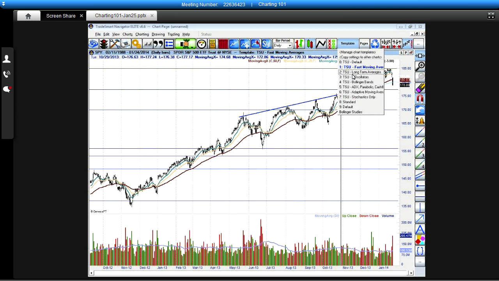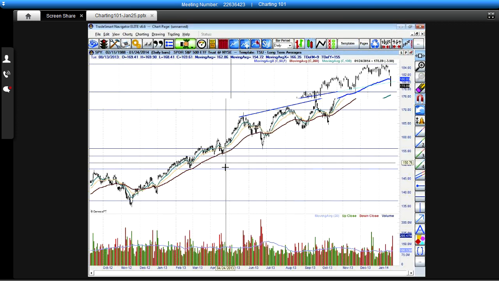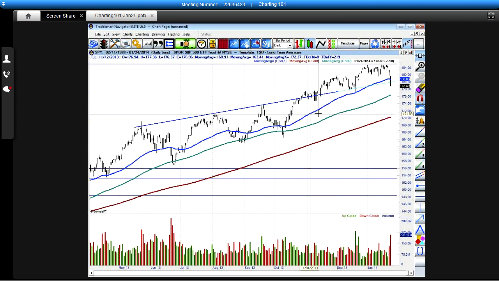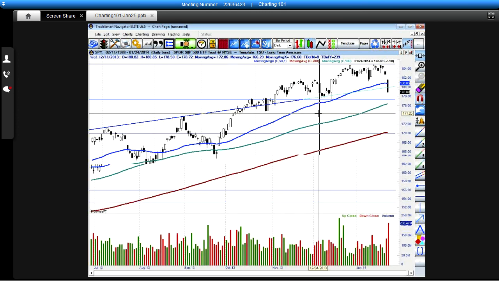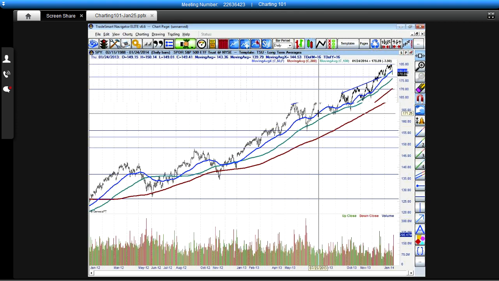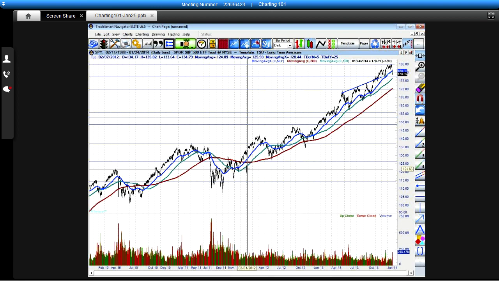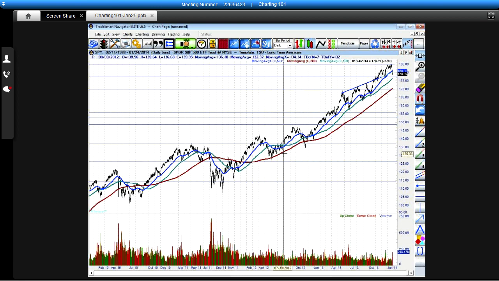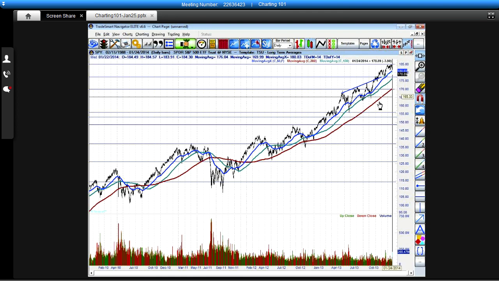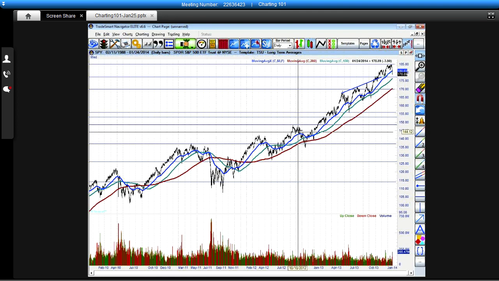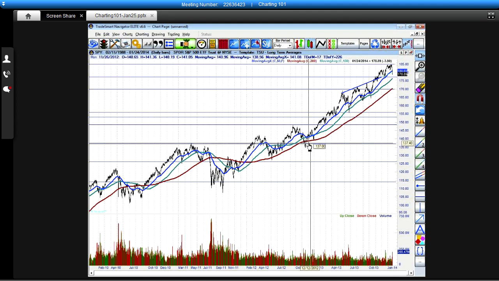So now if we look at the longer term moving averages, which are the 50, 100, and 200, you can see that the 200 is rarely broken. It's touched here and here, but for the last year and several months, it hasn't even touched the 200 moving average.